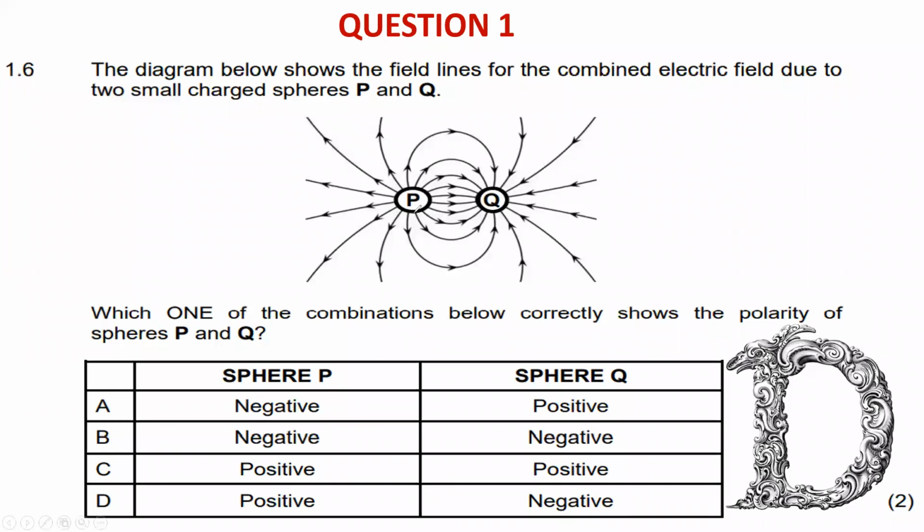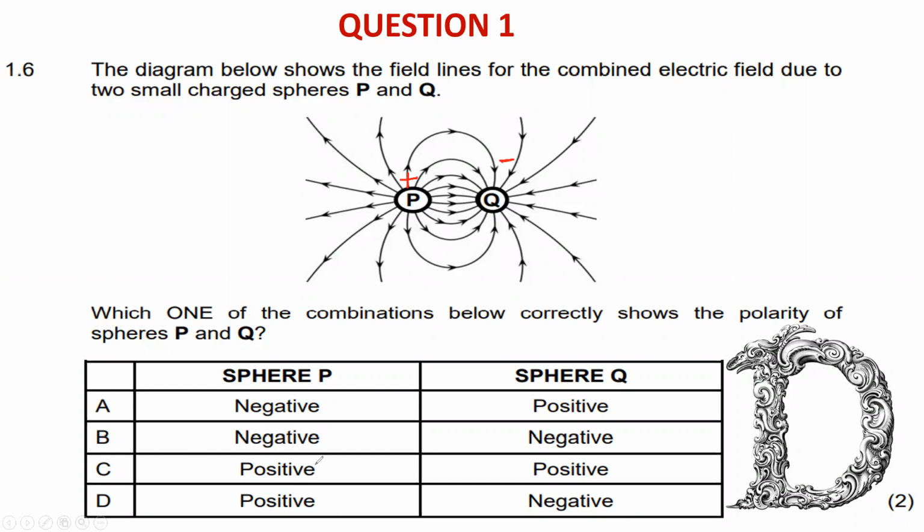Why? Because P is positive. How do we know? Because the direction of the electric field is from positive to negative. Q is negative. Let's check the options. Option A says P negative, no. Option B says P positive and Q negative.